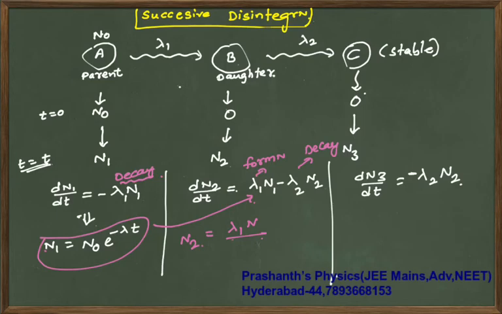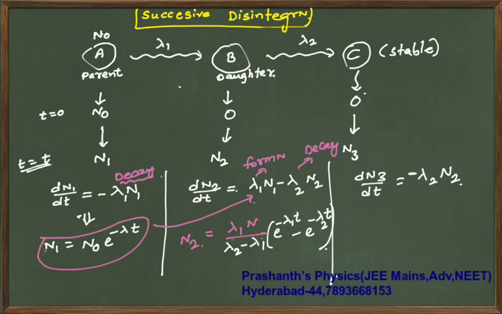I don't remember it, but roughly it will come like this. It's better to derive because I forgot. I think it is lambda 2 minus lambda 1 times e power minus lambda 1 into t minus e power minus lambda 2 into t. Okay, this is n2. So follow this logic.